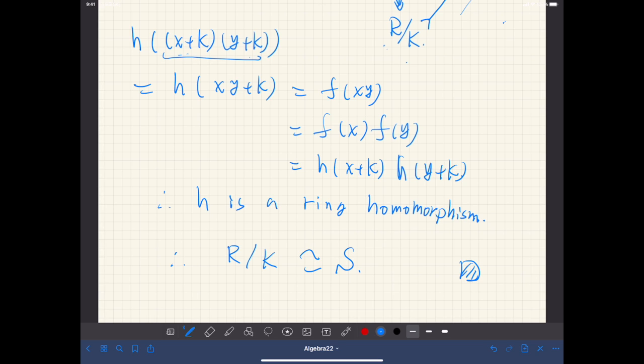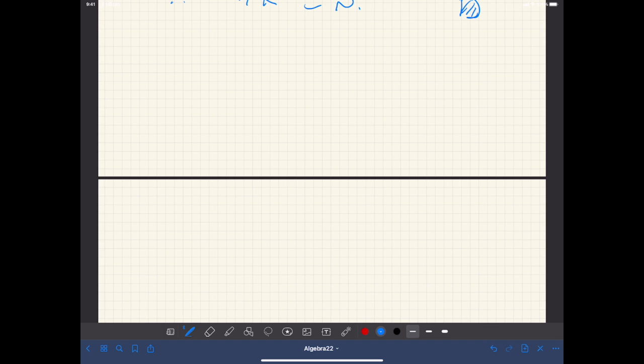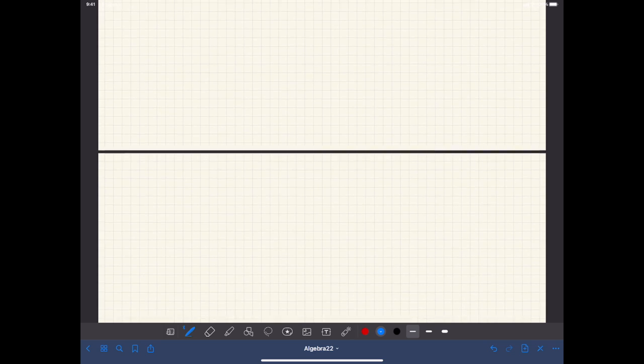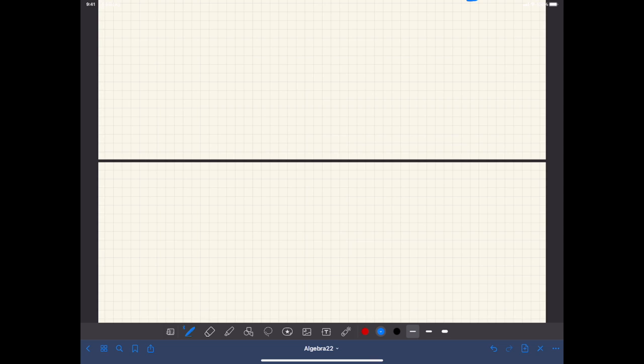Next, we would like to prove the second isomorphism theorem, but before that, let us introduce one little lemma without a proof.